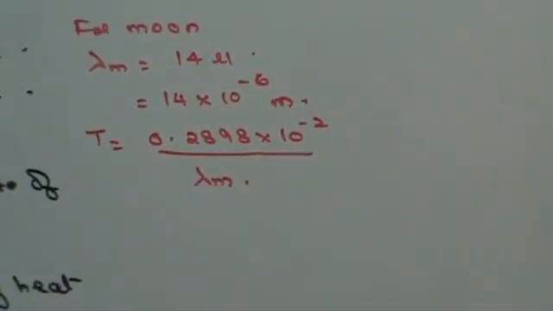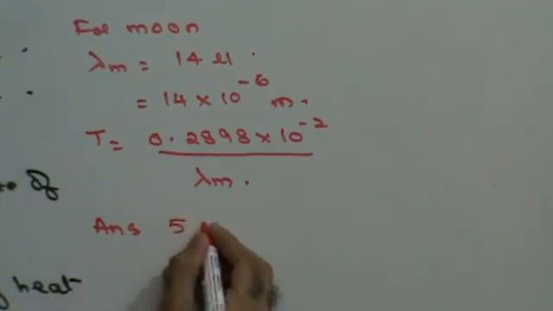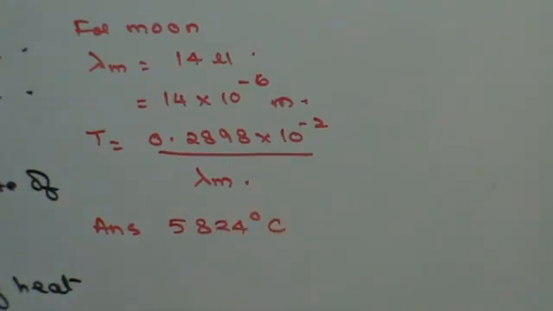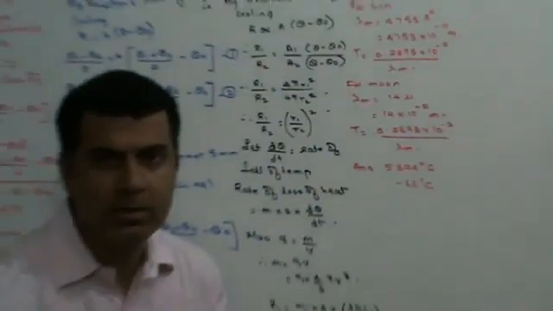That should give me the temperature of the moon, right? The answers for this sum should be 5824 degrees Celsius and minus 66 degrees Celsius, right? We will stop this here for the day. Thank you very much.